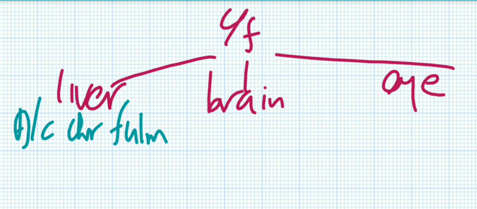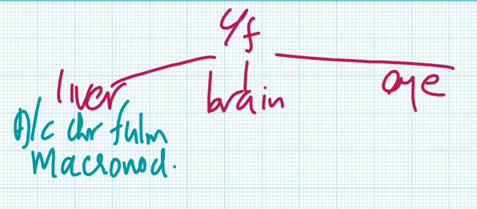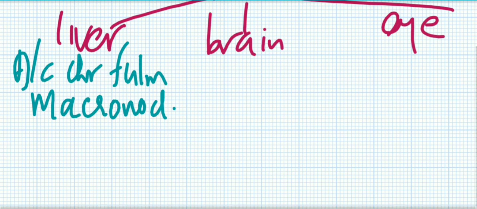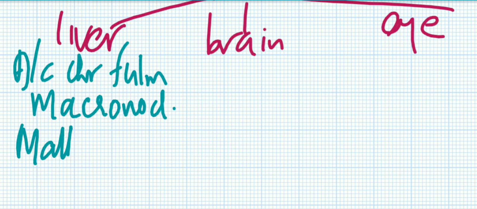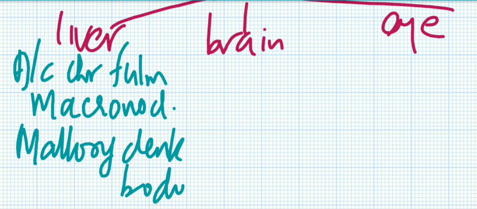We have already said about that. In Wilson's disease, it will be macronodular cirrhosis, and here you can see Mallory-Denk bodies in the histology. I hope you know what the other cases are where you can see Mallory-Denk bodies, and also some other causes of macronodular cirrhosis.